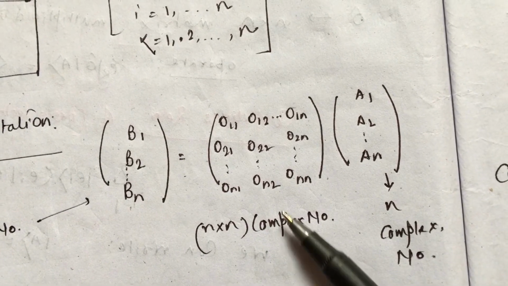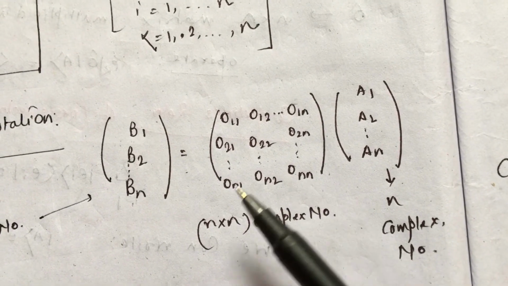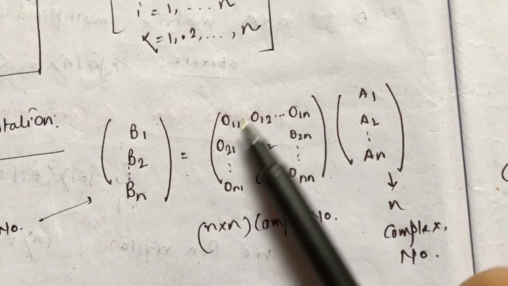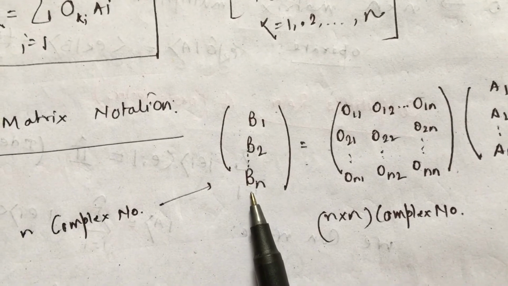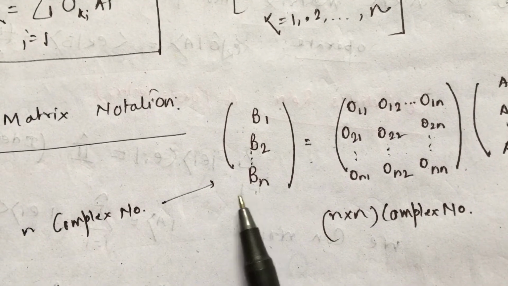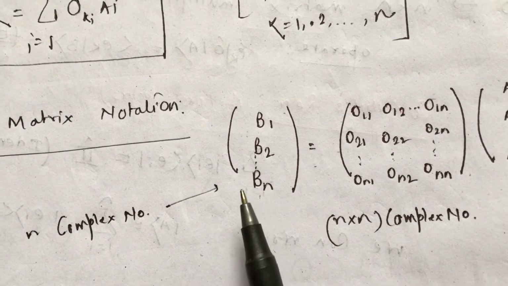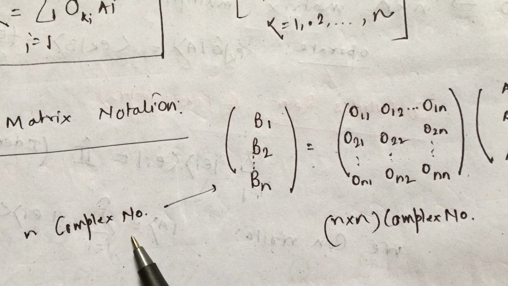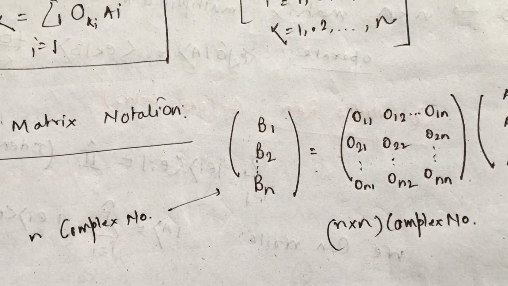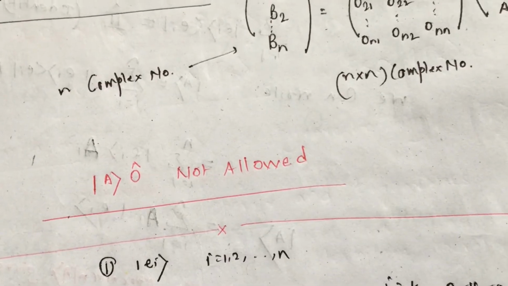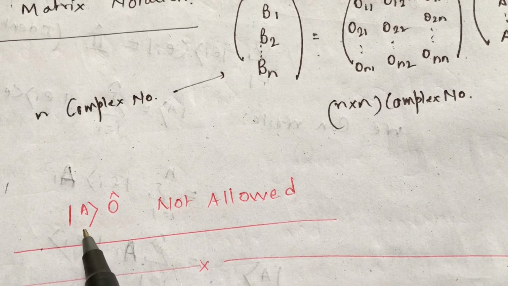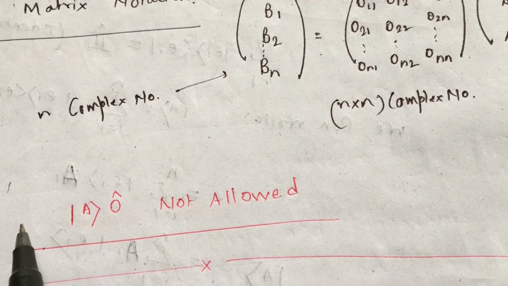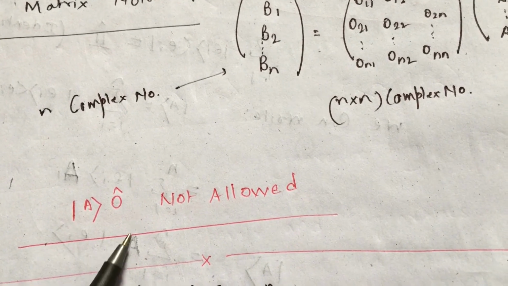So it is an n by n matrix, and when we operate this matrix on this column matrix, I am getting another new matrix, again with n complex elements. But we cannot operate O on this ket vector from the right side. We need to operate it from the left side always. This is illegal.